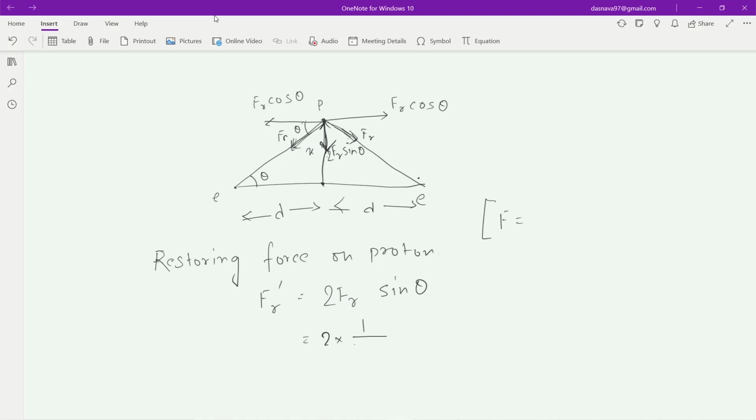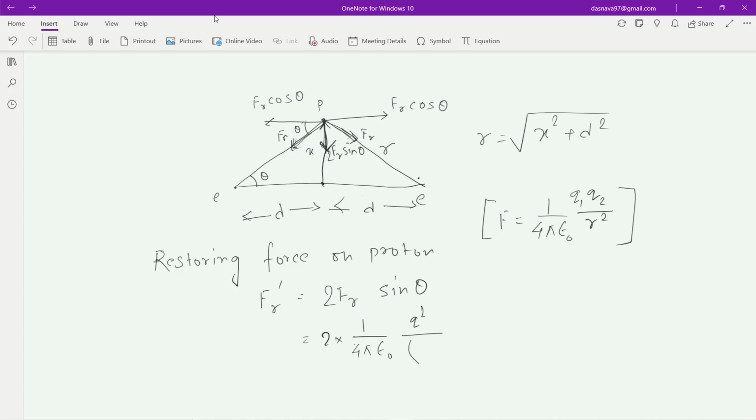From Coulomb's law we can say that F equals 1 by 4 pi epsilon naught q1 q2 by r square, that is 1 by 4 pi epsilon naught q square, as both the charges of proton and electron are the same. q square, we consider it as q, and the distance between, if this is x and this is d, if you consider it as r, then r will be, from Pythagoras theorem, root of x square plus d square, right?